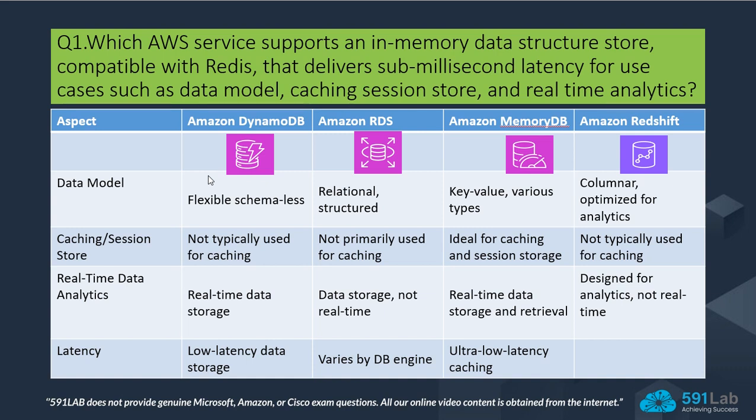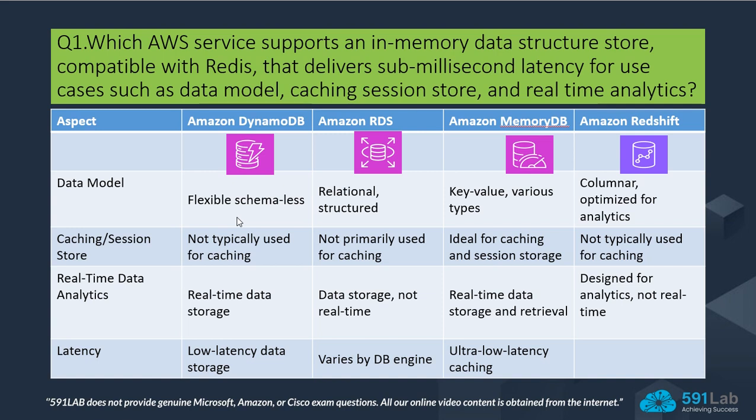Amazon DynamoDB, in terms of data model, is quite flexible and is a schemaless kind of database. In terms of caching and session store, it's not typically used for caching. However, there is a service called DynamoDB Accelerator that's used for caching. In terms of real-time data analytics, it's used for real-time data storage. With regard to latency, it's a low latency data storage database.